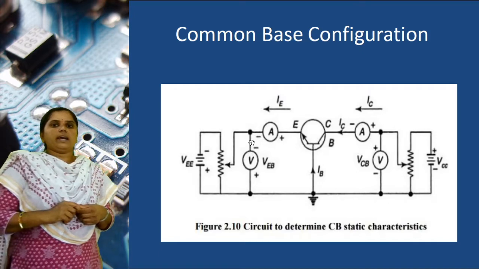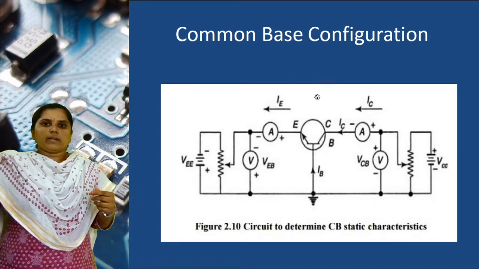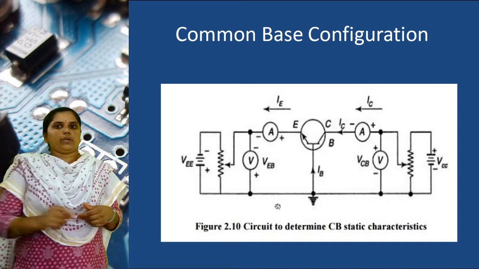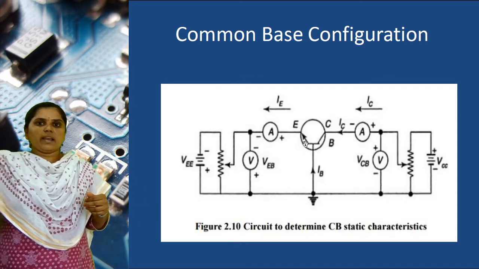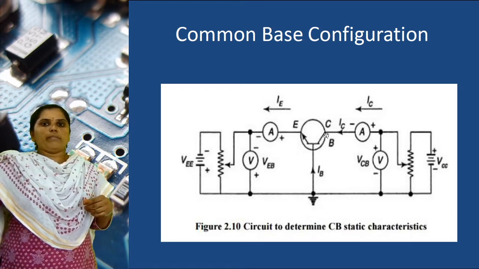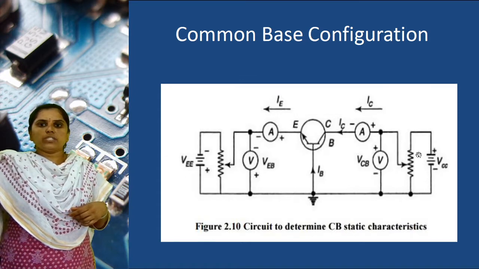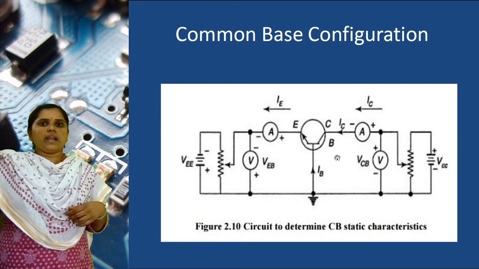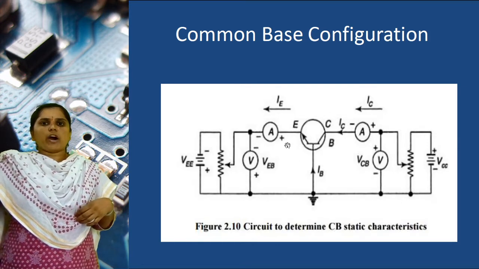See here, this shows the common base configuration. This is a practical circuit. Here the base is connected to ground, the emitter is the input terminal and the collector is the output terminal. This is the supply voltage on both the input side and the output side. Here the emitter base junction is forward biased.